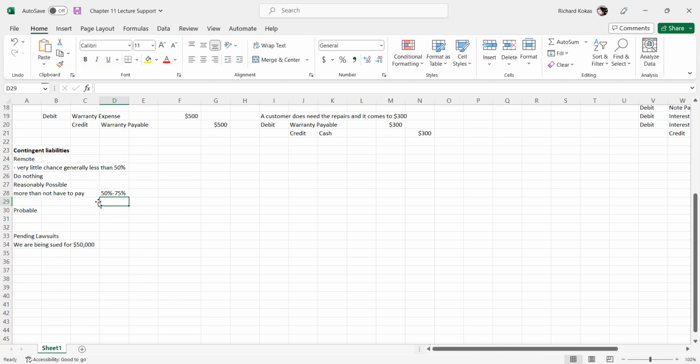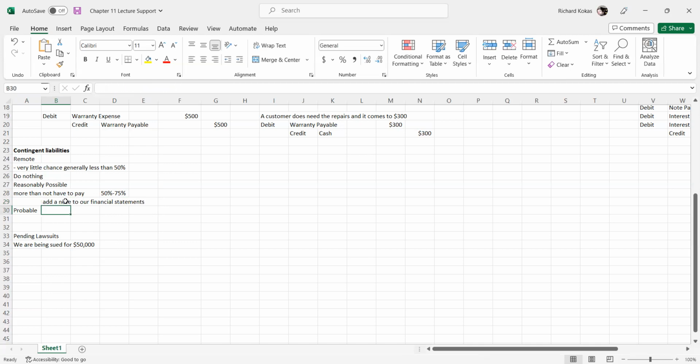It's a 50 to 75% chance we'll have to pay. In this case, again, it's not guaranteed. We still have uncertainty. We're like, maybe we're hopeful, but we're not sure. So whenever we constitute that this is a reasonably possible payment we're going to have to make, we don't do a journal entry, but we add a note to our financial statements.